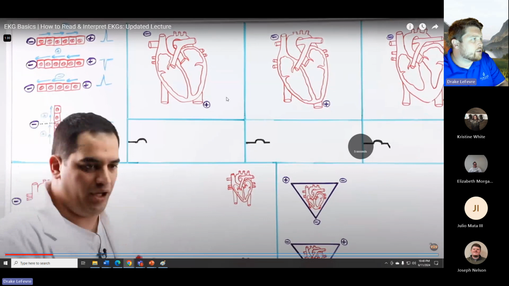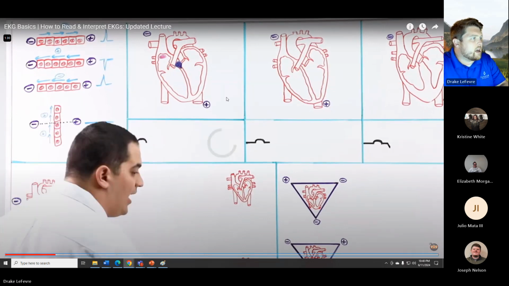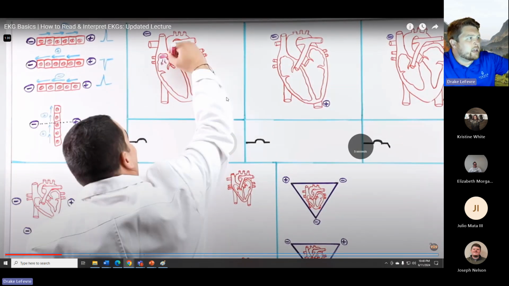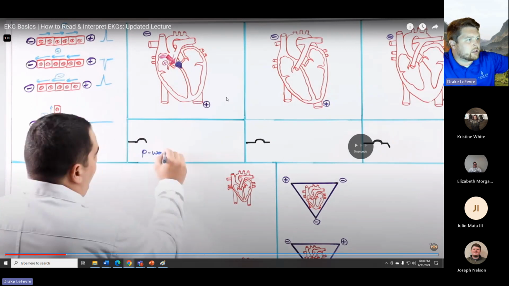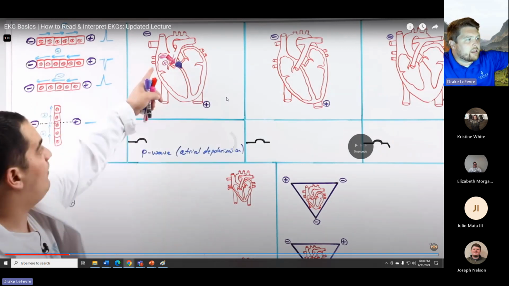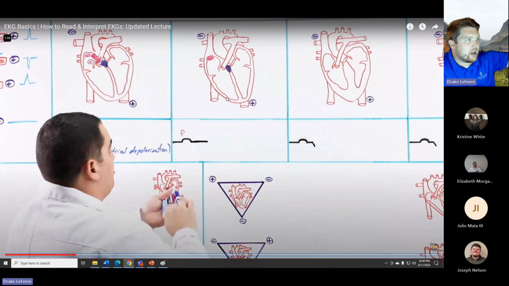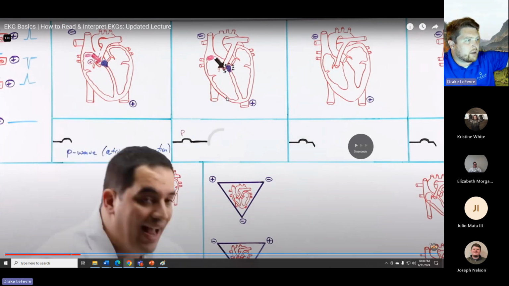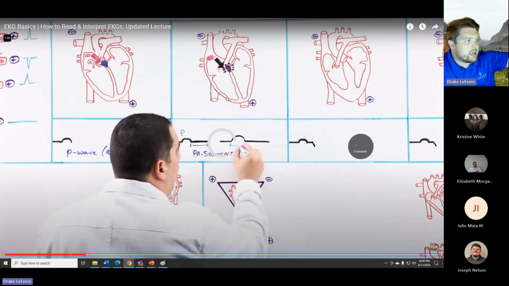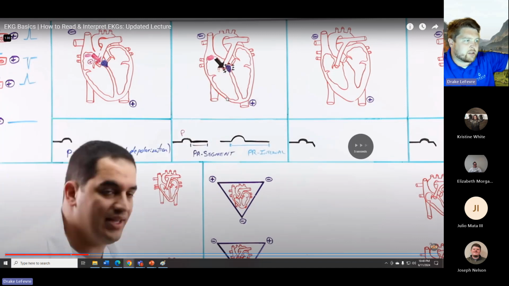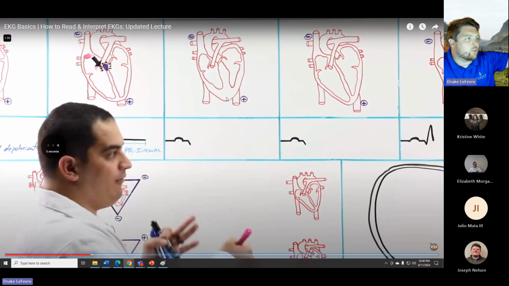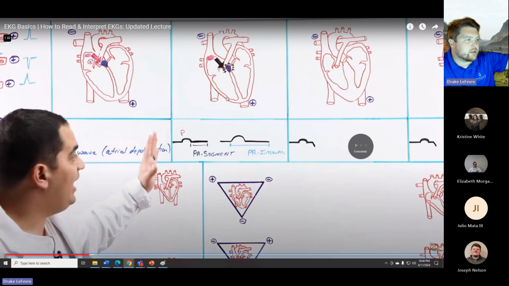He'll draw and show you, okay, we're at the SA node, and this is what's happening with the electrical signal. It's going through here at the P wave. This is everything that's happening. Then we have the PR segment versus PR interval and what's happening during each of those.